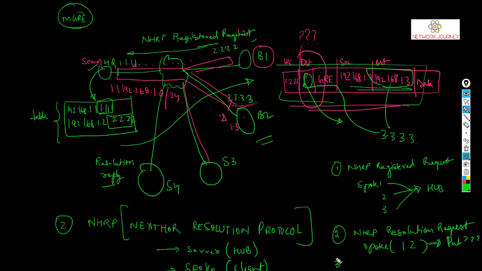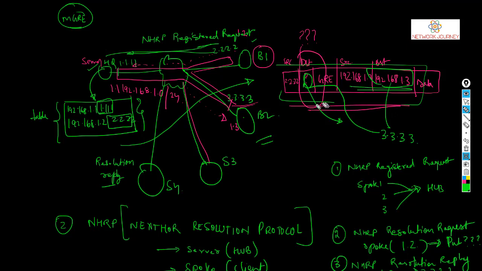And step number 3 is when the hub looks at its NHRP table and replies back with the NHRP resolution reply. This reply is nothing but the private IP being bound up with so-and-so public IP. So this is the end of the second component.